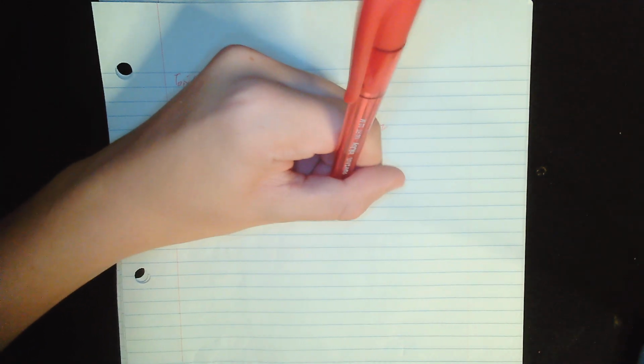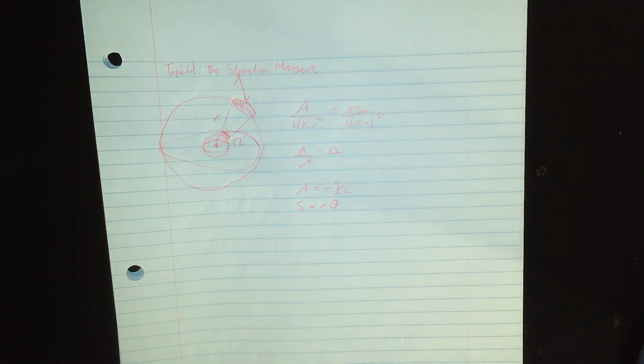We cancel that out, and it comes to A over r squared is equal to omega, which we can rewrite as A equals r squared times omega. So now we know how to find both an arc section and the area of a cone section on a sphere. And now we're going to add some different topics, and then we're going to tie this all together.